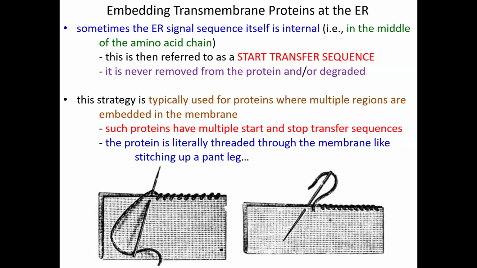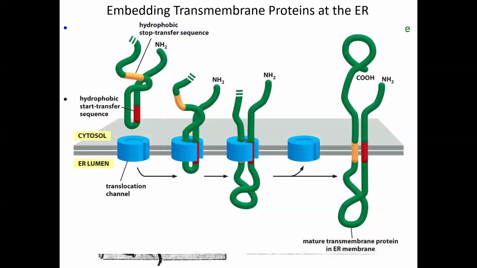When we get to cellular communication, as I've mentioned before in class, we'll talk about G protein coupled receptors, which have 7 transmembrane domains. These are proteins that have 4 start transfer sequences and 3 stop transfer sequences, threading them through the membrane multiple times.